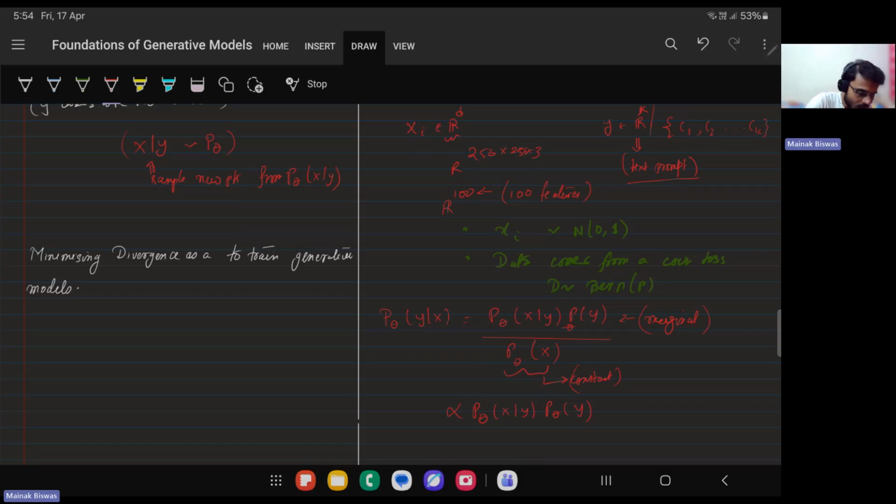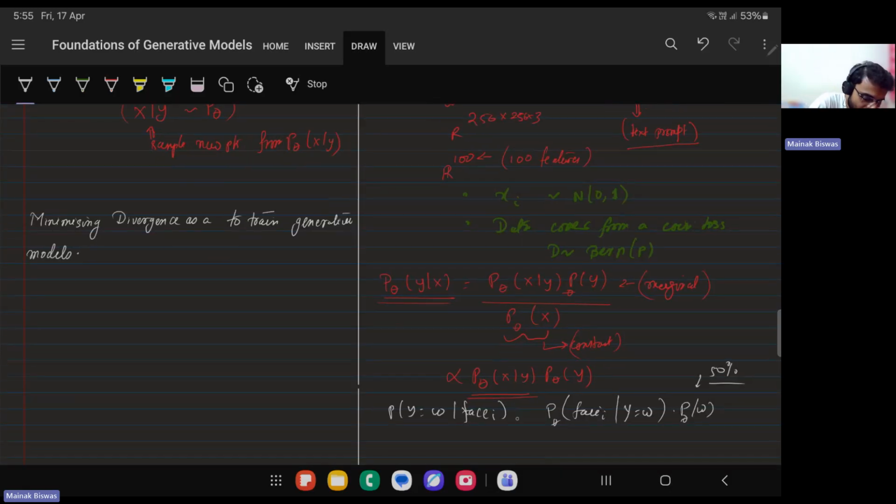For example, say you get a face and want to predict whether this face belongs to a man or a woman. You will say P of y equal to woman given face i is equal to what you know from the model, the probability of the face i given the label was woman, times P theta of woman. Say in the data 50% of the time it's a woman.